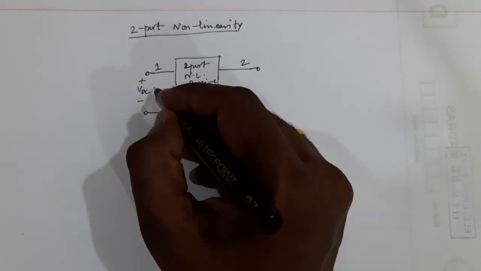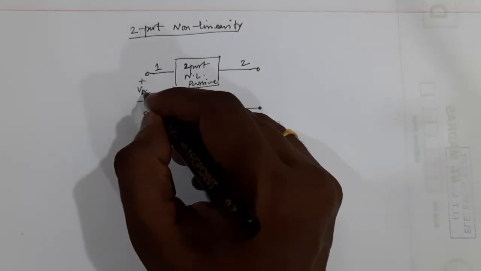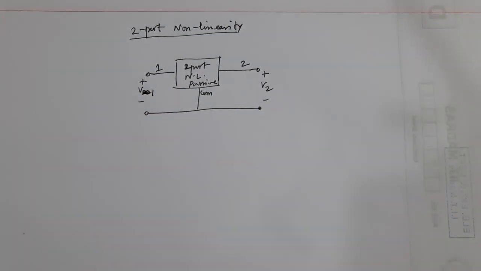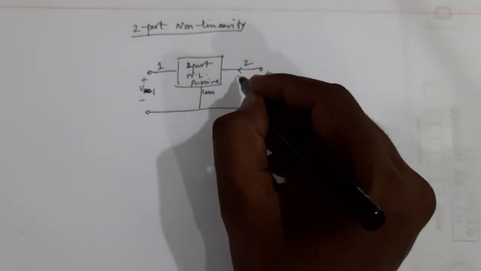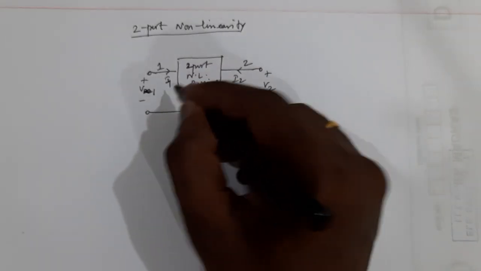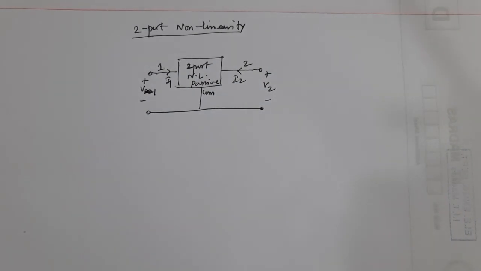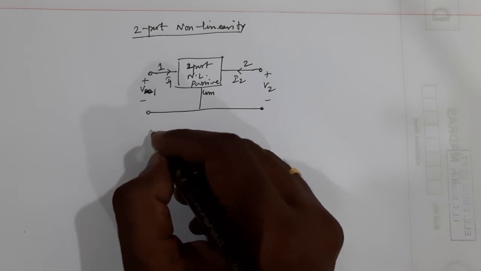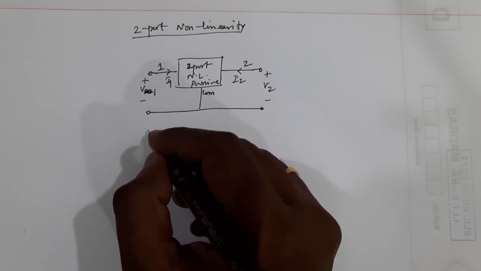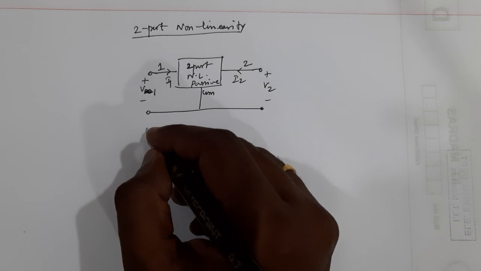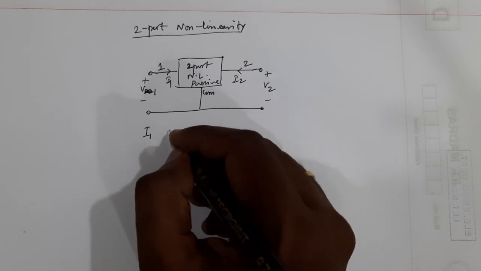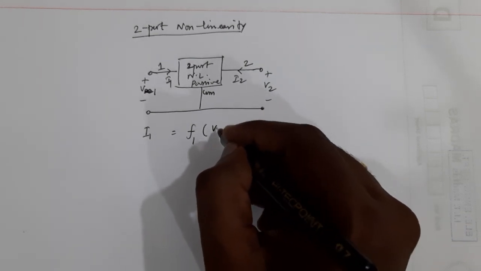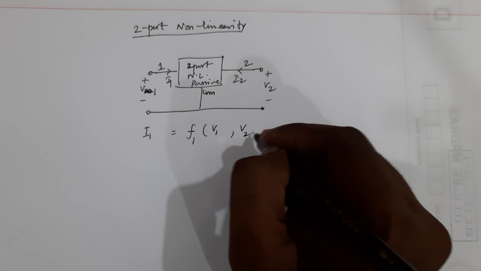Okay, so if you have some kind of V1 and some kind of V2 here, and this current, let's say I2, and this current, let's say I1, then you can say that I1 is some nonlinear function f1 of v1 comma v2.